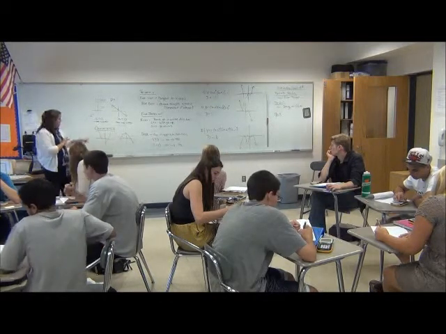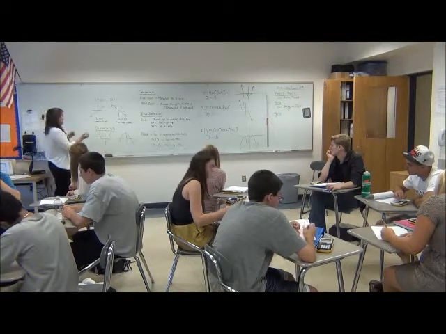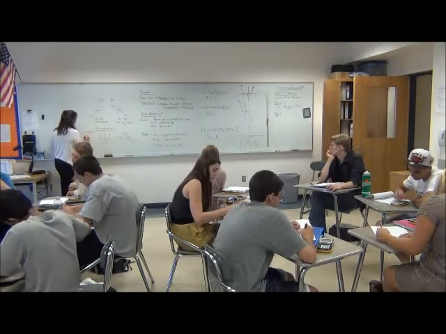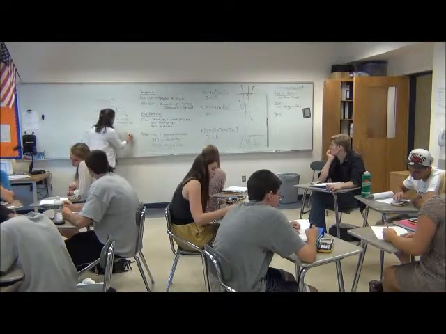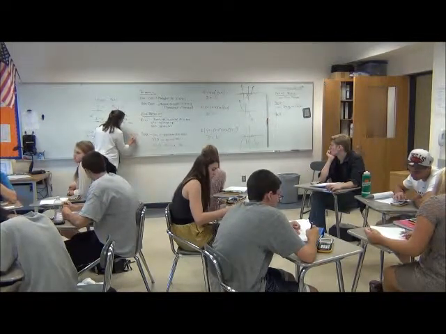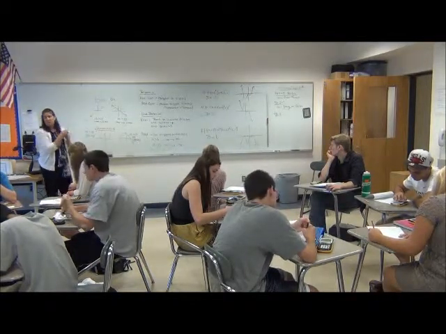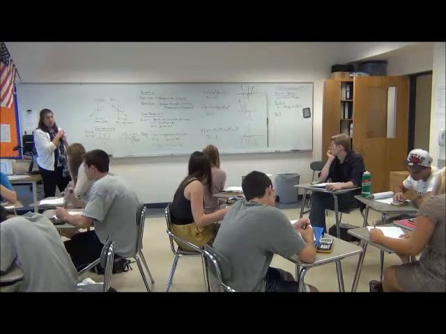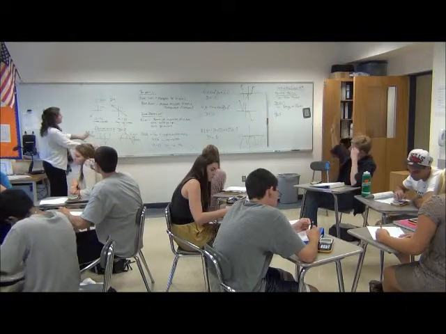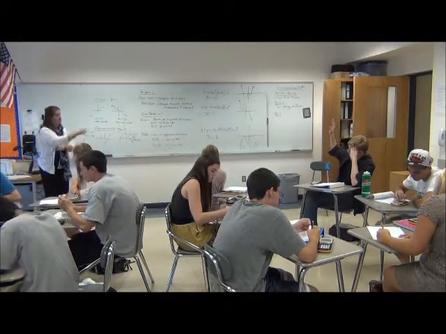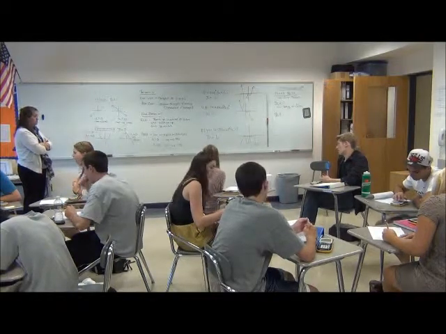This parabola, A is greater than 0, and they both go up. This one, A is less than 0, so they both go down. What's the degree of a quadratic? 2. So how can you use this to help you with that? Okay, so linear equations have a degree of 1, quadratics have a degree of 2.